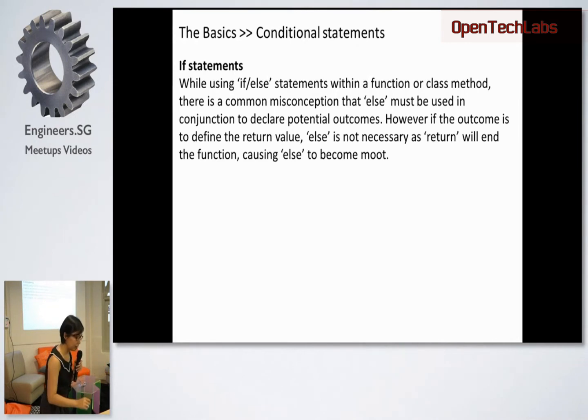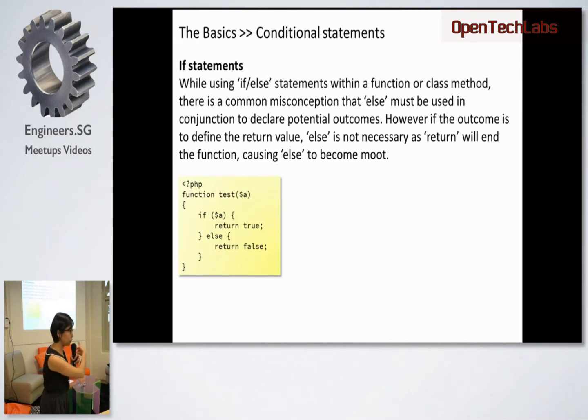Great. Okay. So if else is a conditional statement where you compare values just like what we showed you just now. It evaluates whether a condition is true or false.